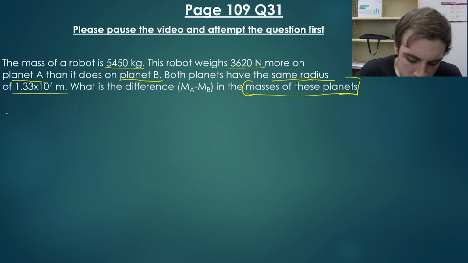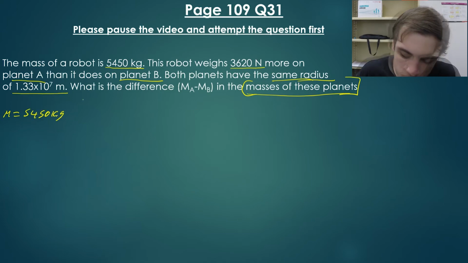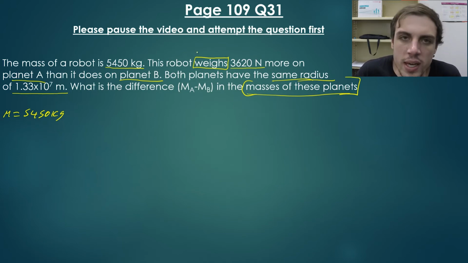So I've got the mass of a particular robot, 5,450 kilos. Another thing that's interesting is that it says weighs. It said the mass of a robot is 5,450 kilos, but it's saying it weighs more on one than the other. So two things are jumping out at me. First, again, this is a difference, and secondly, we're looking at weight.